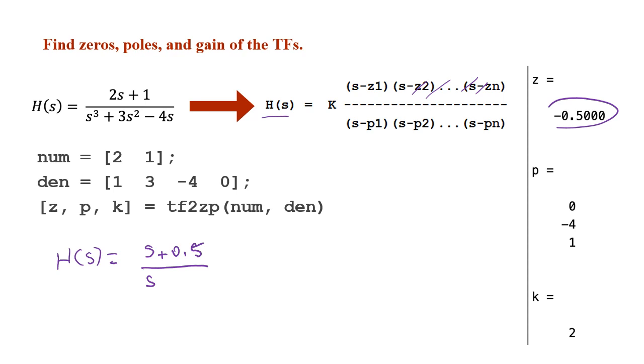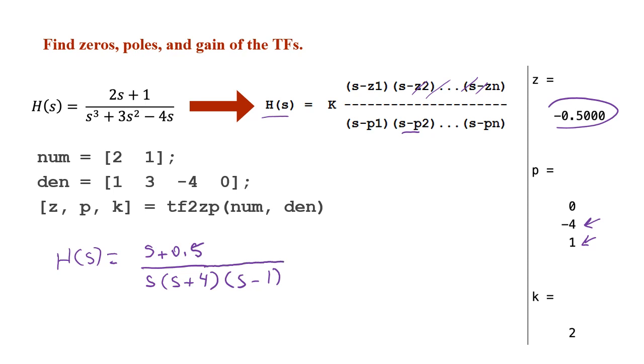Next, I'm going to continue with this term, so it's going to be s minus the second pole, which is here, so it will be s plus 4. And finally, we have s again minus the last pole, which is 1.